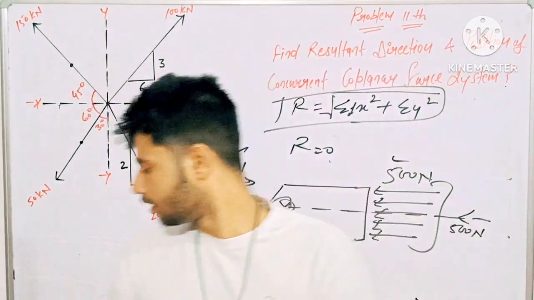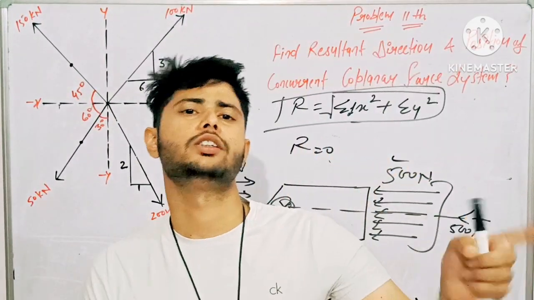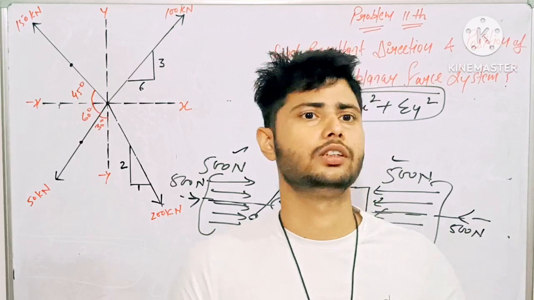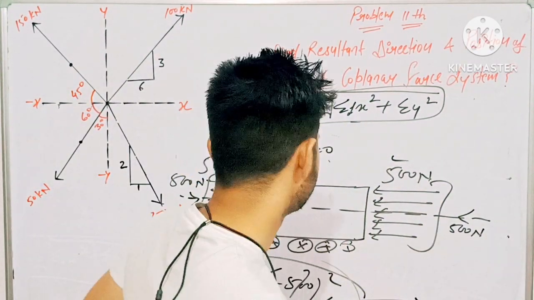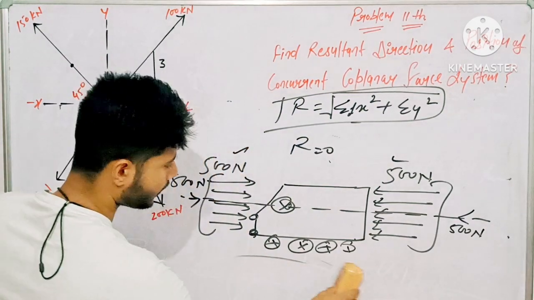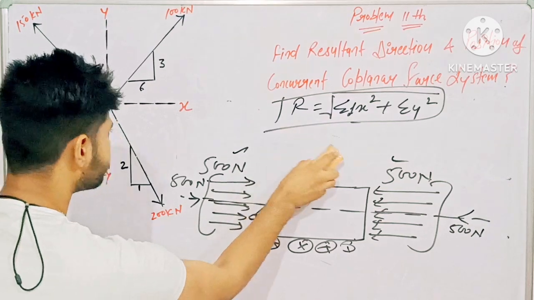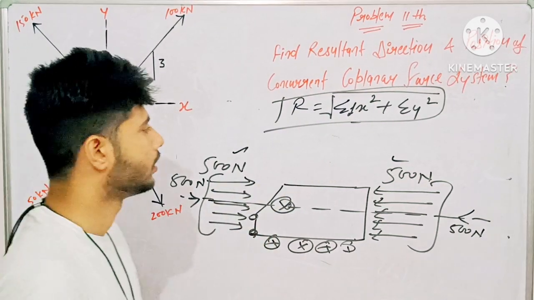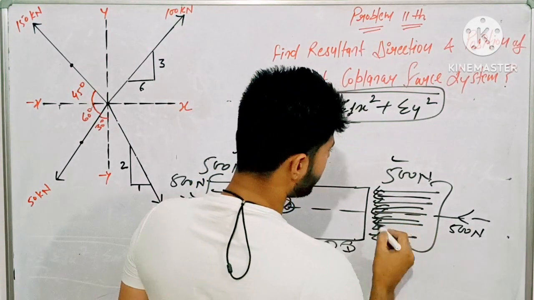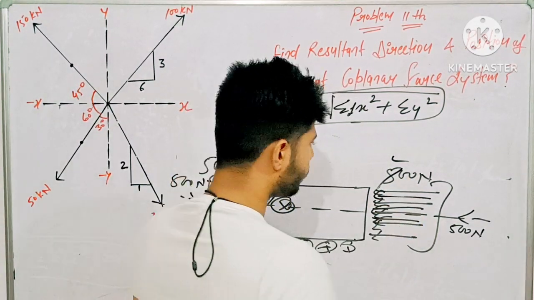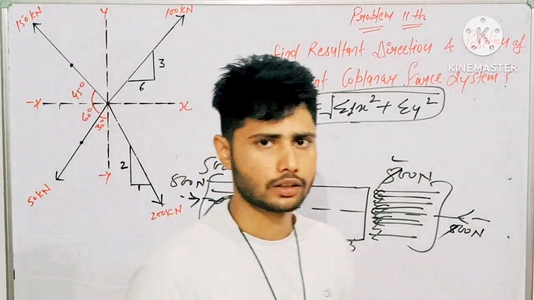So according to the first law of motion, your body will remain at rest or in uniform motion till an unbalanced force is applied on it. This unbalanced force is 0 here, so this body will remain at rest or in uniform motion. And according to the second law of motion, watch carefully, suppose here 3 more persons are applying 800 Newton of force to move it in the forward direction.